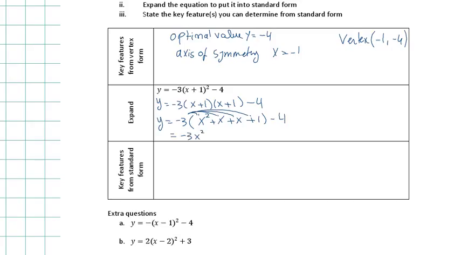The 4 is untouched yet. Now collect like terms, right? So what are your like terms? The negative 3x and negative 3x. And here negative 3. That gives me negative 6x. Gives me negative 7.